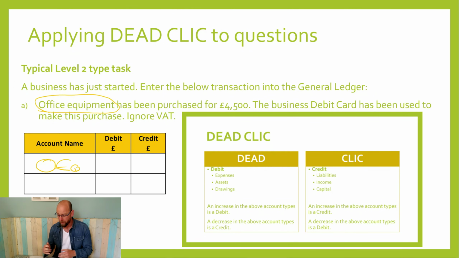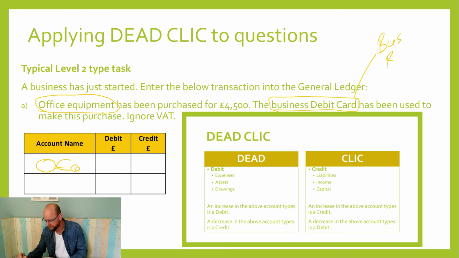Now from the rest of the question, it tells us that the business debit card is what's been used. The business debit card is what's connected to the business bank account. So therefore, because it's connected to the business bank account, bank is another account name. So that's what our other account name would be.